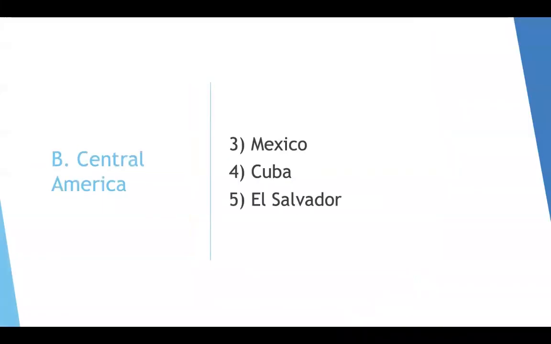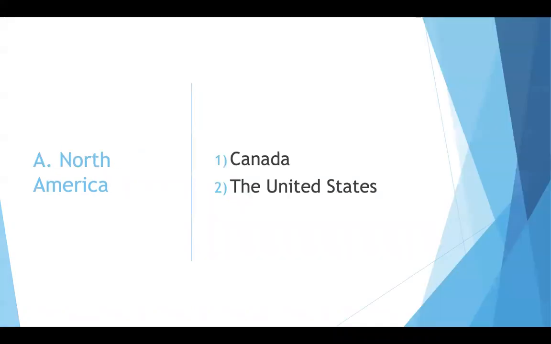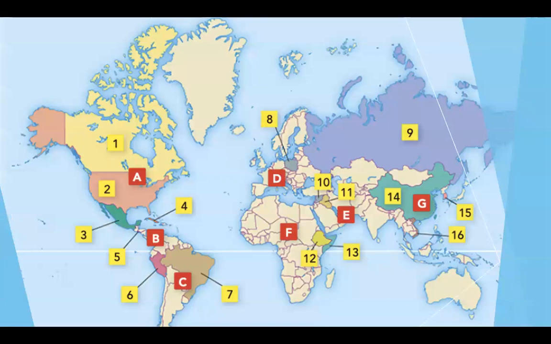Region B is Central America, and then there are 3 countries labeled: Mexico, Cuba, and El Salvador. So here we go. Central America, Mexico, Cuba, and El Salvador.